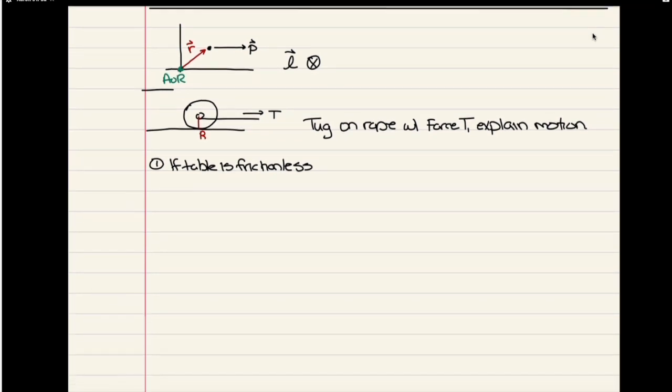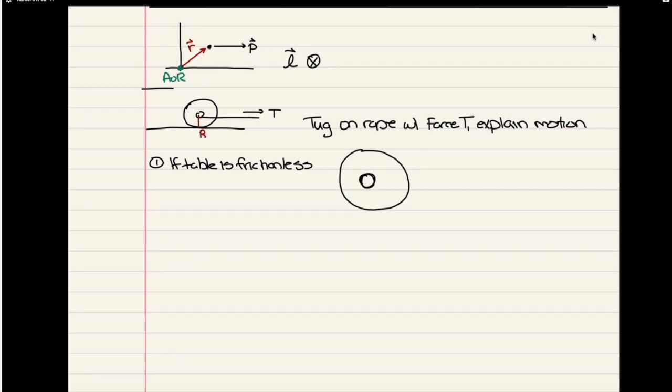If I blow up the yo-yo so it's quite large, you have the pulley in the center. The yo-yo wants to rotate about this axis of rotation, the center of the yo-yo. But that means there is some distance down here to where the force is in contact with the yo-yo.